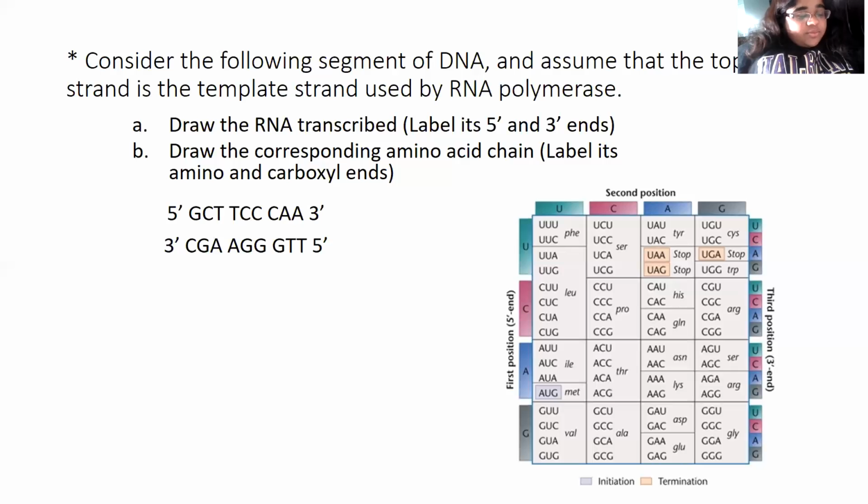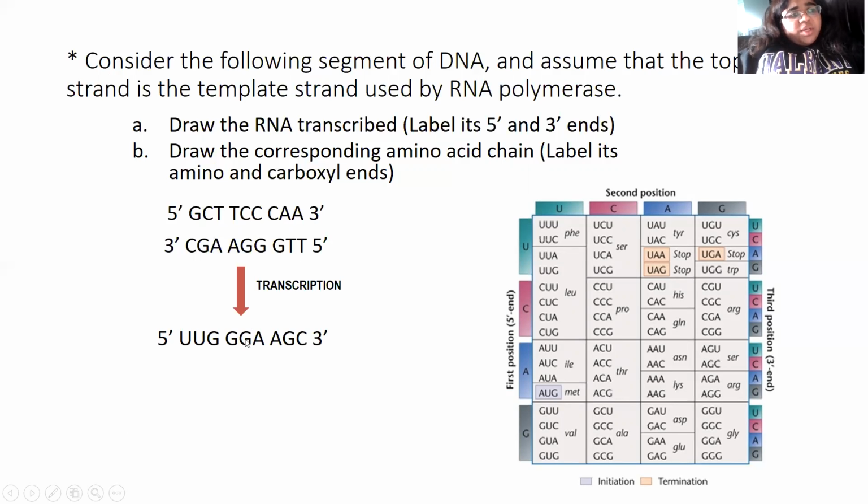So in this case, you would start off. Remember how I said with template strands, right? I took this question from earlier and we transcribed it to this guy, right? So now what we need to do is use our genetic code table and figure out which one is what.